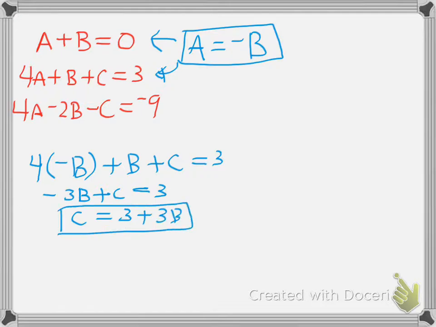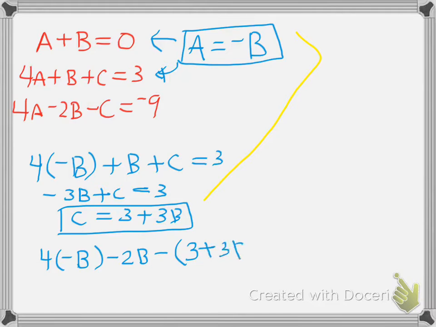And now I have these two facts, and I'm going to take those two and plug it into my third equation. And so I'll have 4a is negative b, so 4 times negative b minus 2b minus c is 3 plus 3b equals negative 9. So what we just did, because we have 3 unknowns in 3 equations, which means we should be able to find all 3 of those constants, we just used the information from the first 2 equations to plug into the third equation.